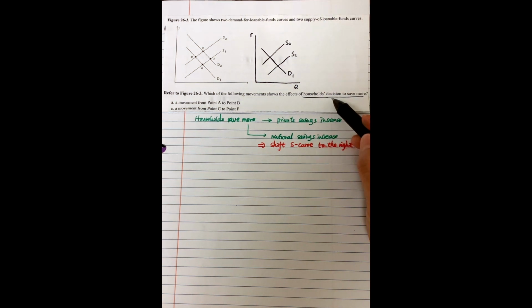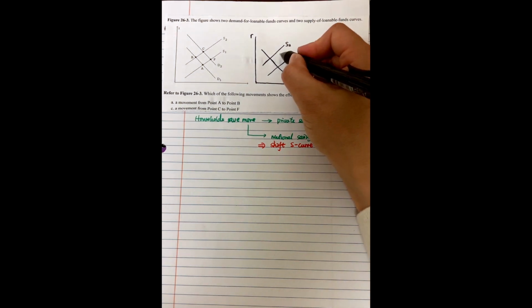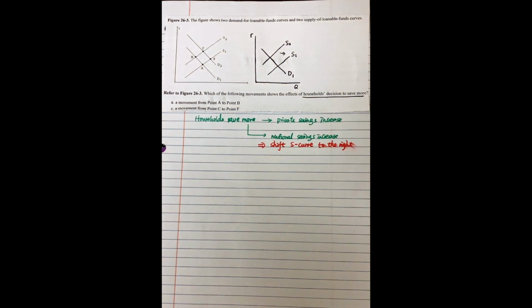Now households decide to save more, therefore it will shift the supply curve of loanable funds to the right-hand side, and that will shift from S2 to S1, which will result in two equilibrium points.